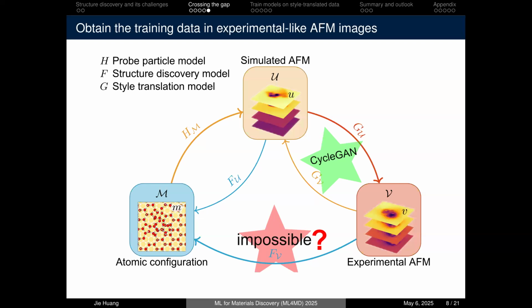So in principle, when you're predicting an experimental AFM image, you can use this path to translate the experimental AFM image to look like simulation, and then use a model trained on the simulation data set to make it predict. We have tried this way, but the performance is not really good compared to this way. Okay, thank you. Thanks for your question.